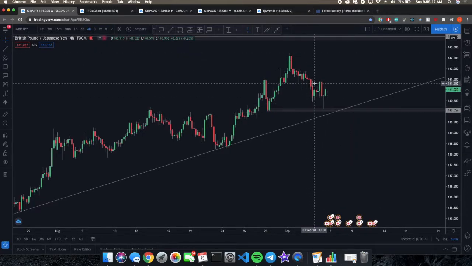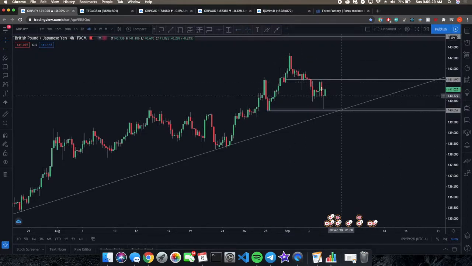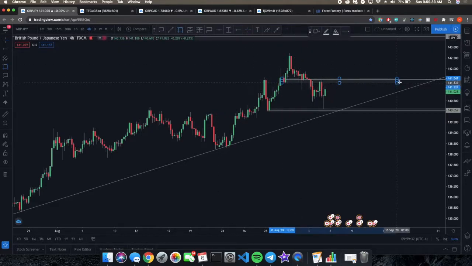We do have this market structure at 140.500. You see this? 140.500, this area.